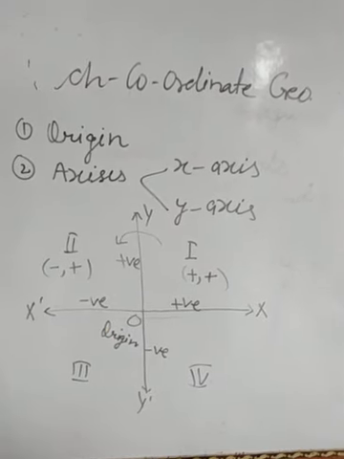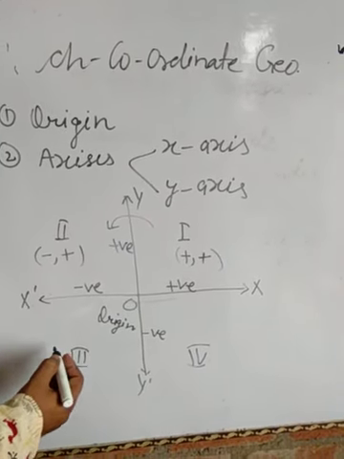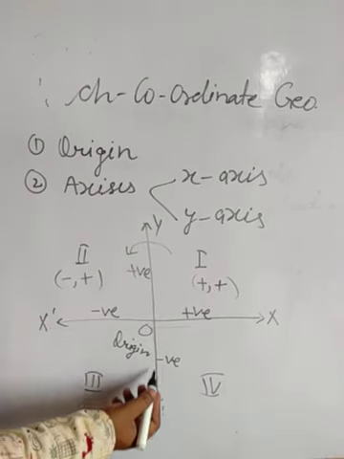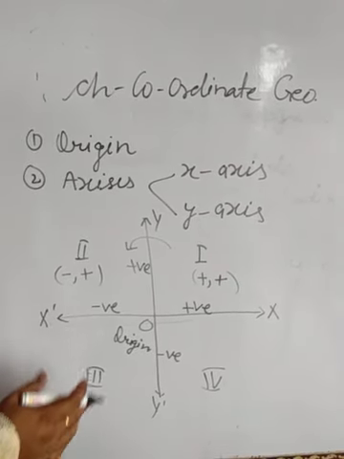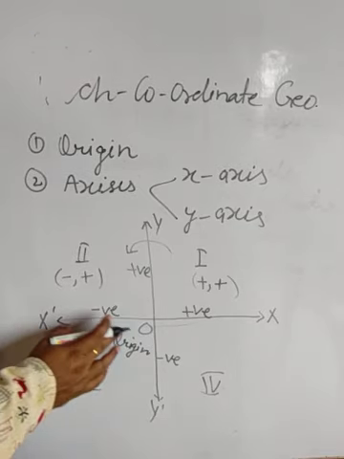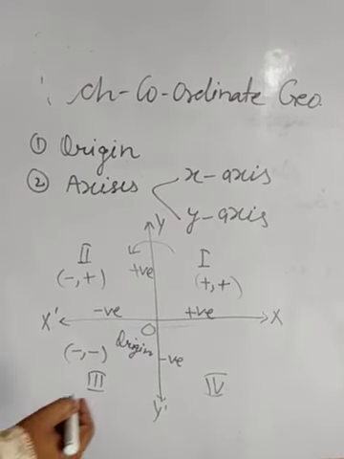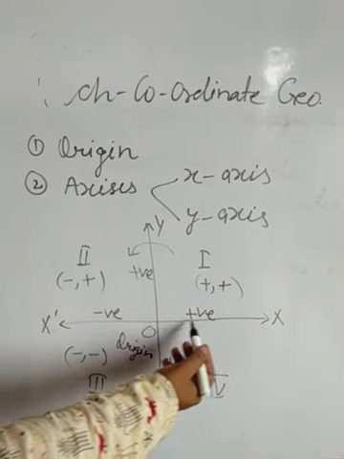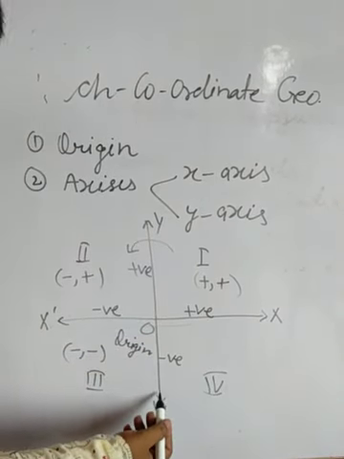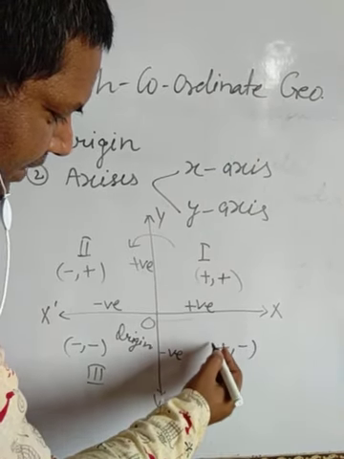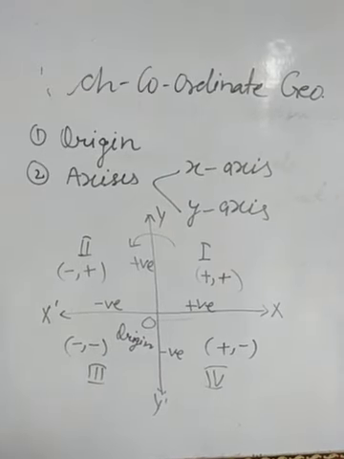So, minus comma plus. In the third quadrant, both are negative, the negative direction of the x-axis and the negative direction of the y-axis. This third quadrant is enclosed by these two, so there should be minus comma minus, and similarly in the fourth quadrant, positive direction of the x-axis and negative direction of the y-axis, so this should be plus comma minus, right?